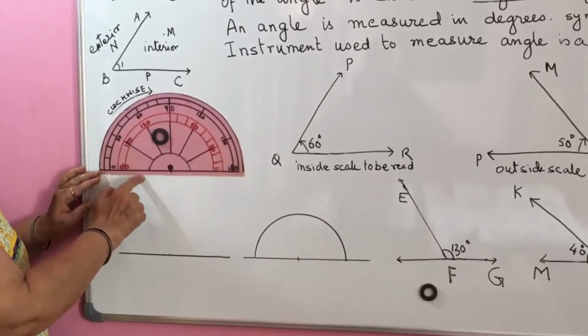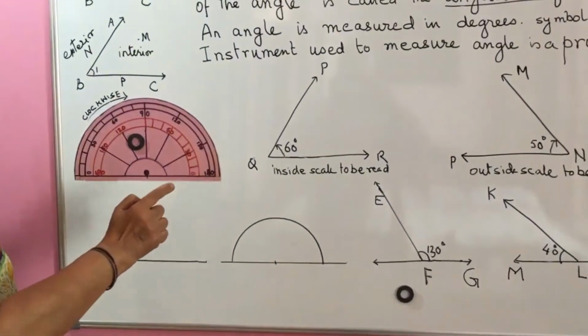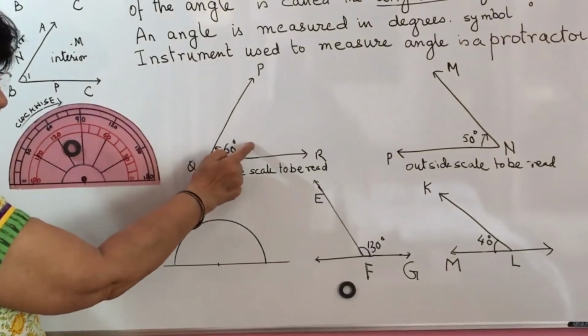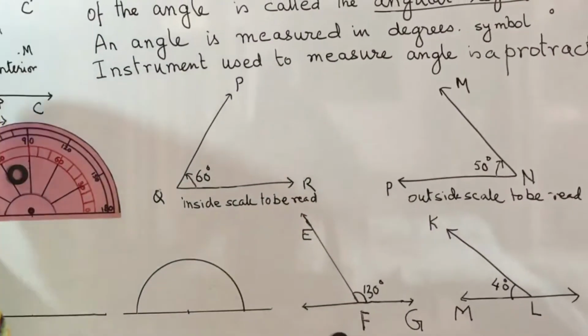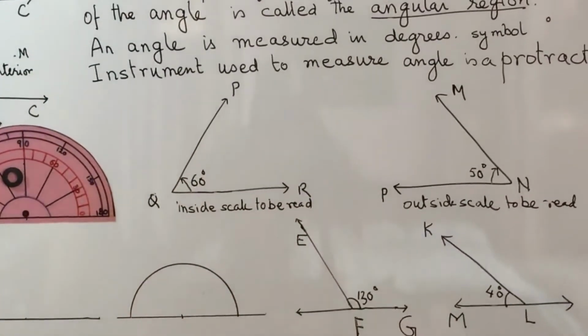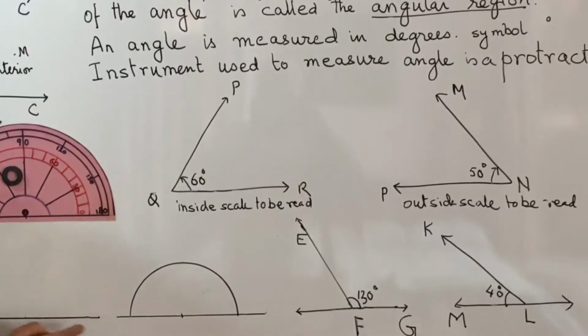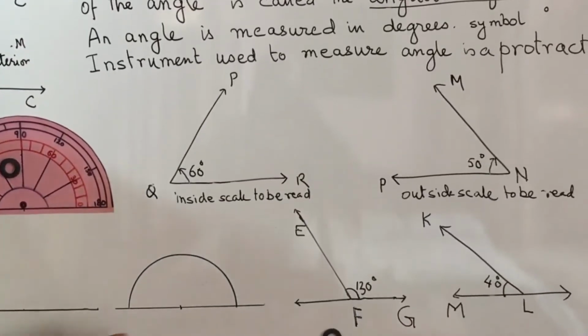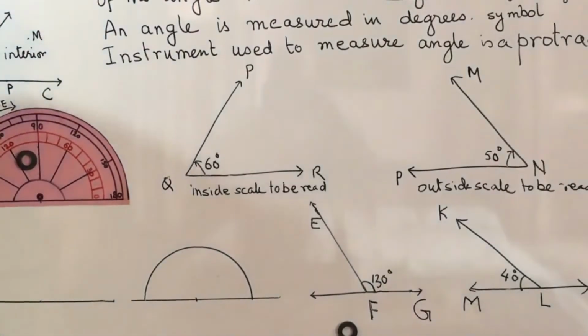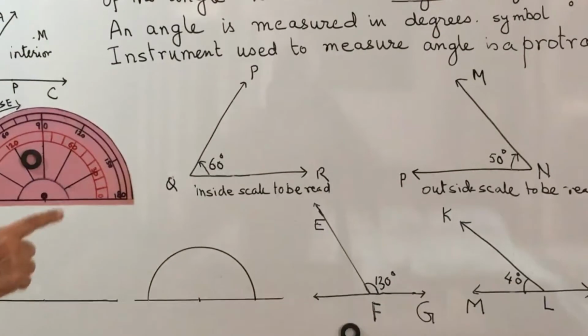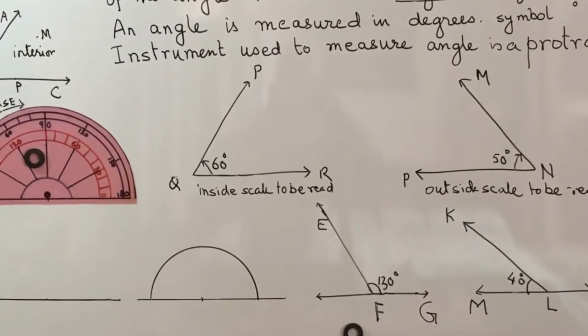I can use a protractor to measure angles. I will measure this angle and I will also measure this angle with a protractor. And I can also use the protractor to draw an angle equal to a given measure. Here I have drawn an angle equal to this measure and another angle equal to a measure of 40 degrees.